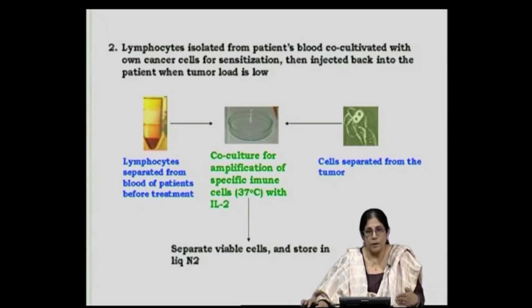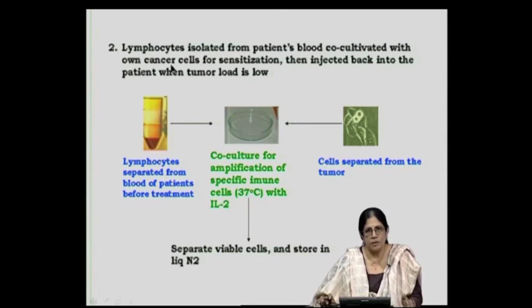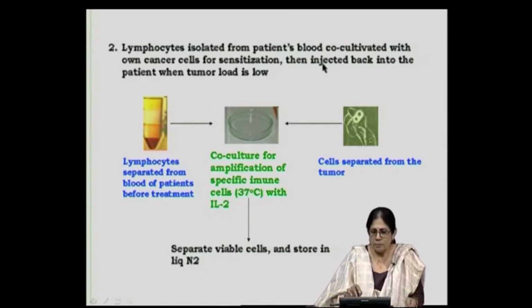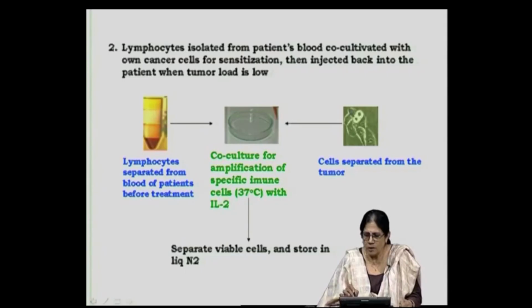One step better would be to take the lymphocytes from the patient the same way, by gradient centrifugation, take the patient's blood, and co-cultivate with the patient's own cancer cells. So, you take the mononuclear cells, lymphocytes in other words, and now you put them in culture along with the resected tumor from the patient.